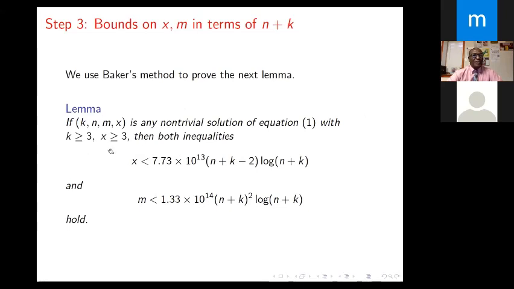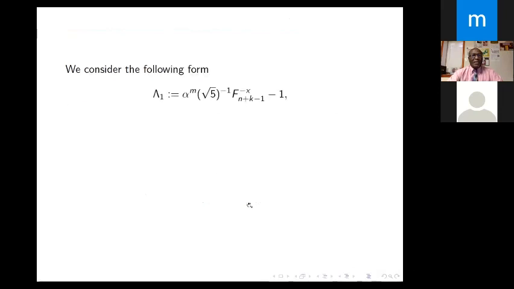So using Baker's method, we bounded x in terms of n and k, and also m in terms of n and k. And what we have done is that we use the linear form in logarithms.